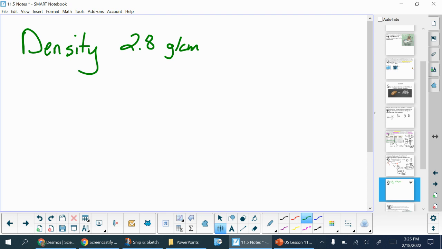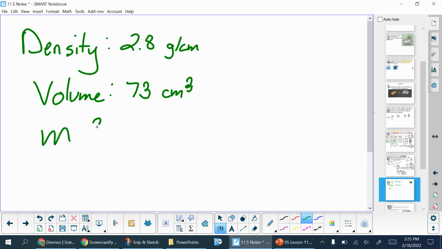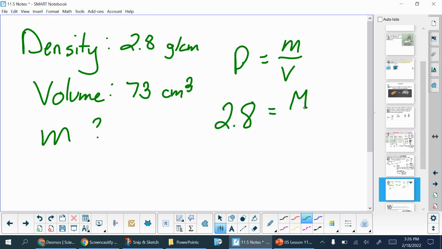And I happen to say that the volume was 73 cubic centimeters. If I wanted to find the mass, I'm still using the exact same equation. Density equals mass divided by volume. I'm just plugging in the things I know. So density is 2.8. Mass I don't know.